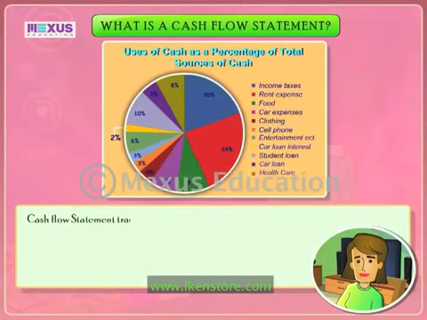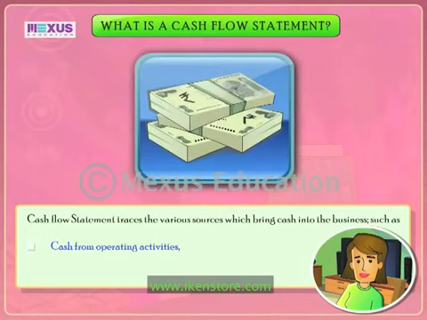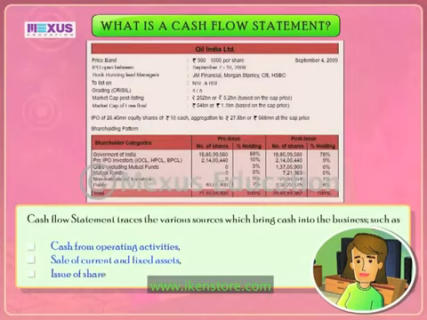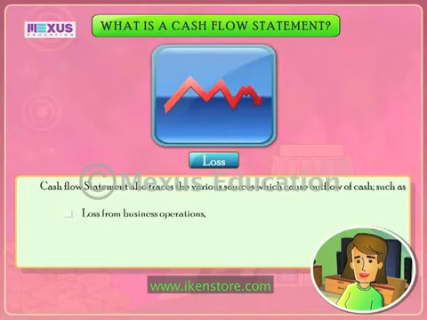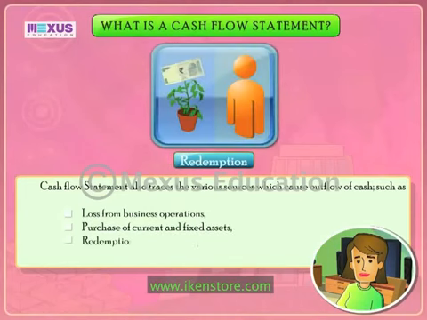Cash flow statement traces the various sources which bring cash into the business, such as cash from operating activities, sales of current and fixed assets, issue of share capital and debentures, etc. Cash flow statement also traces the various sources which cause outflow of cash, such as loss from business operations, purchase of current and fixed assets, redemption of debentures, preference shares and other long-term debt for cash.